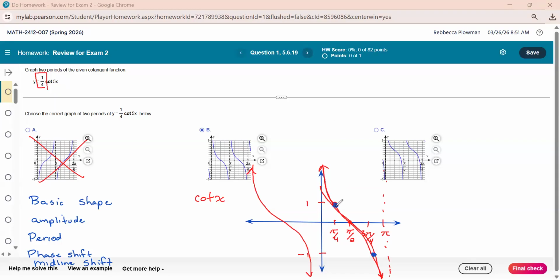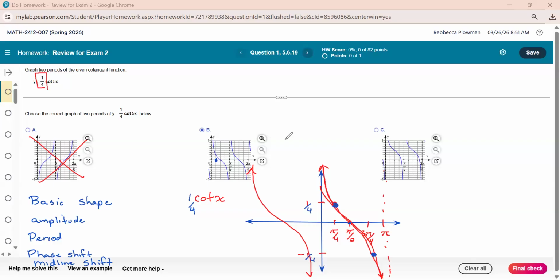So when it's 1/4, what that means is that here it's 1, right? So now it's 1/4. That means this point would have to be at 1/4. So if we go back and we look, this point is halfway between your asymptote and your x-intercept. We look halfway between my asymptote and my x-intercept.